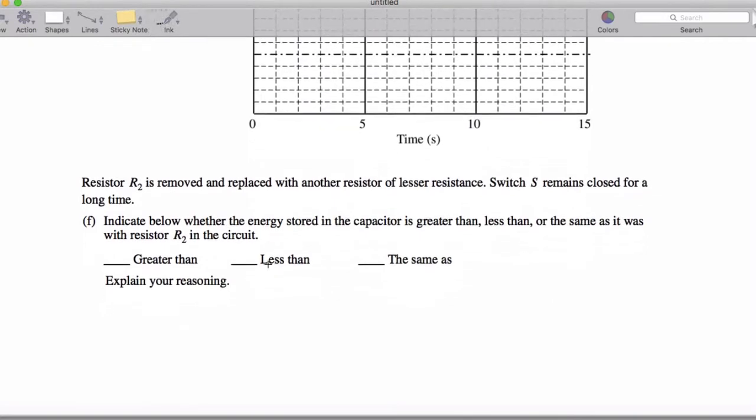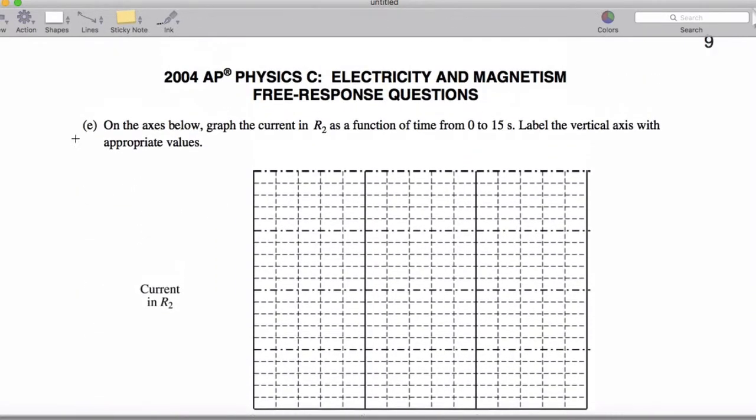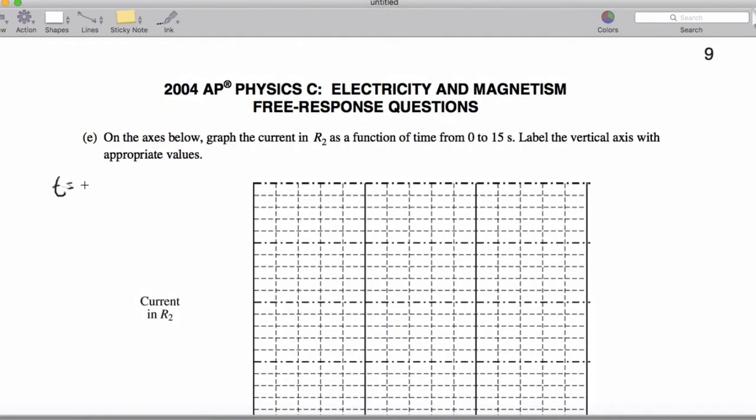So at time equals 0, V2 equals 20. So what that means is that I2 is going to equal 20 divided by 10,000. I'm going to do this in milliamps. That gives me 2 milliamps of current.